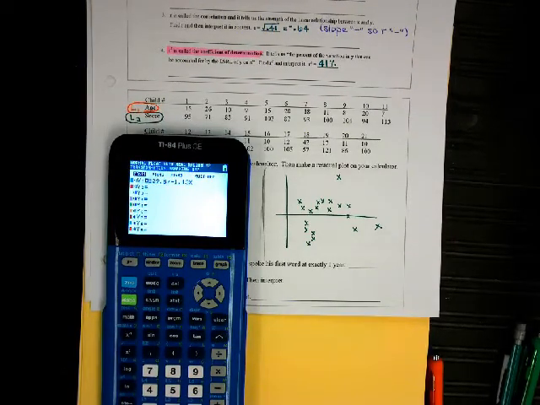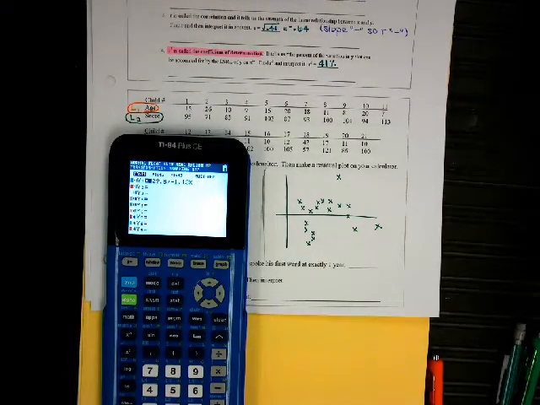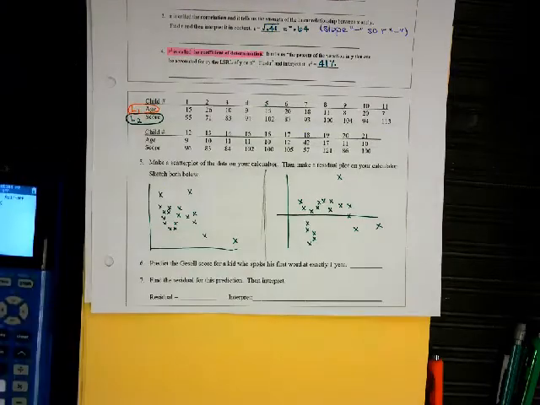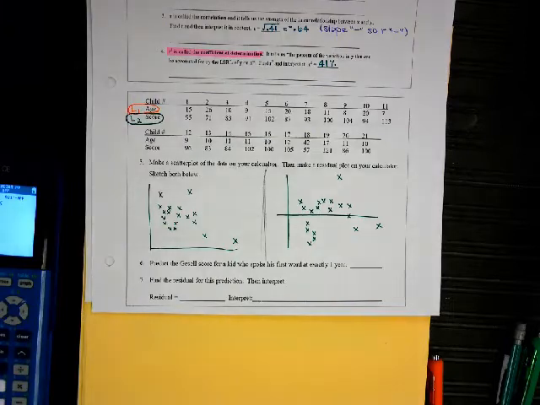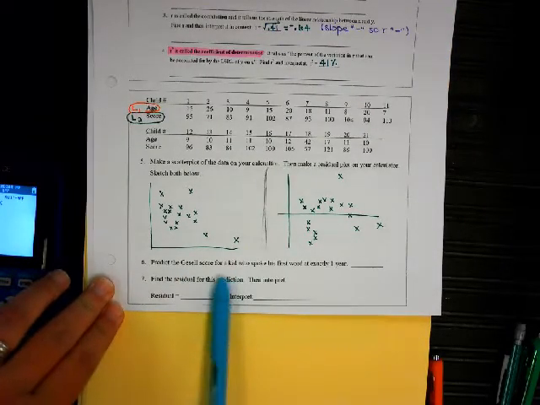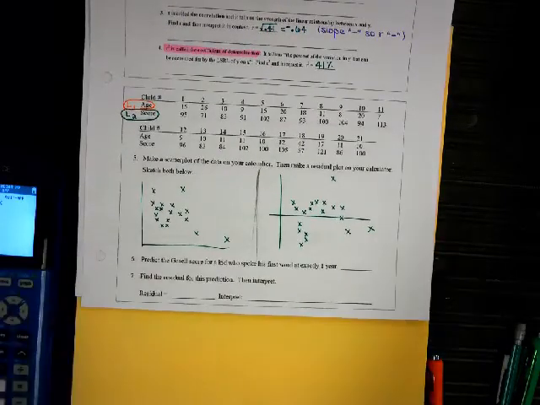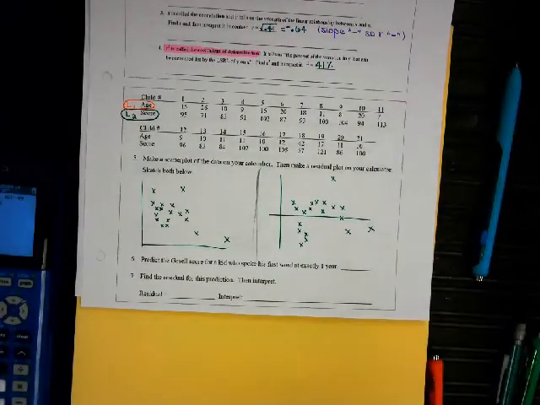Alright, quiet back down, please. So, now we're going to look at some residuals. So we're going to predict the Gesell score for a kid who spoke his first word at exactly 1 year. Which, actually, you already have the prediction in the calculator, don't you?